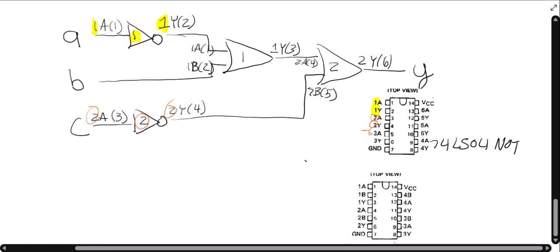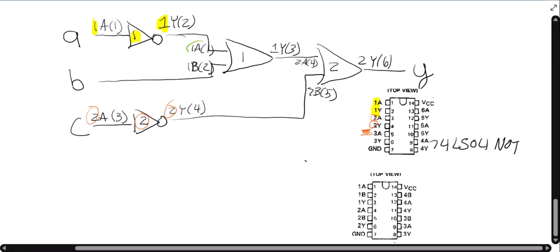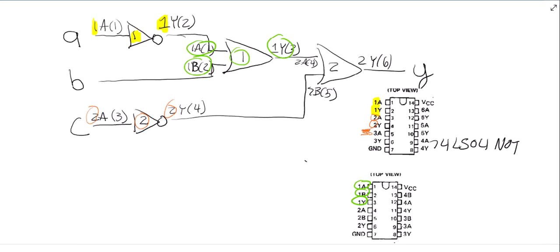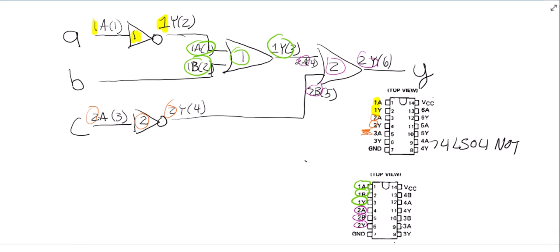And then for the OR gate, I have A, B, and Y. So for the OR gate, that would be A, B, and Y for 1. And then 2A, 2B, 2Y. And that's how I knew where the wires went on the next page where I did the other diagram.